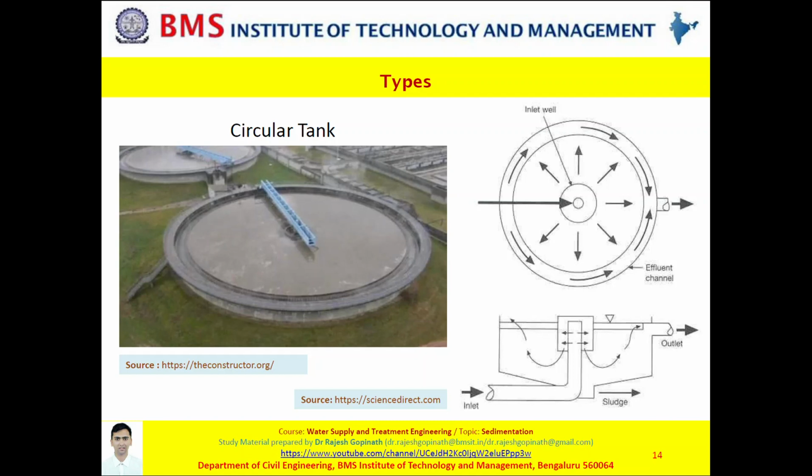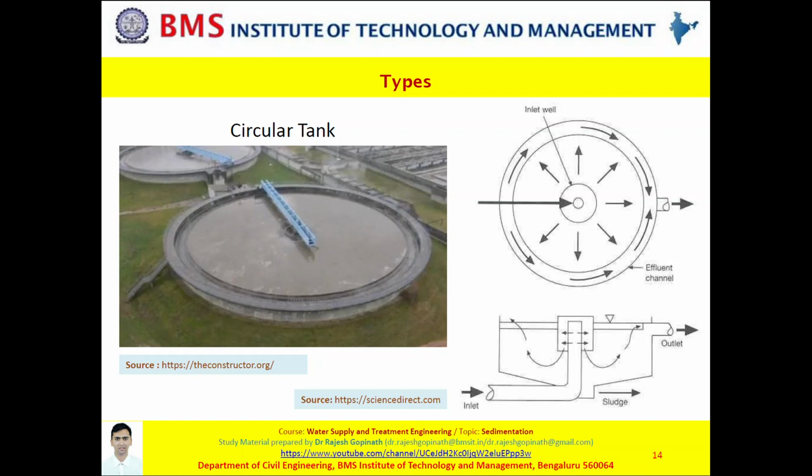This depicts a circular sedimentation tank. You can see the image, that's a photograph. You can also see a plan view and a cross section. Circular sedimentation tanks are preferred for continuous vertical flow type. This I am sure you know by now. That is what we had discussed in the last slide. Here in this context, the water is sent through a central pipe of the tank and then subsequently radial flow takes place.